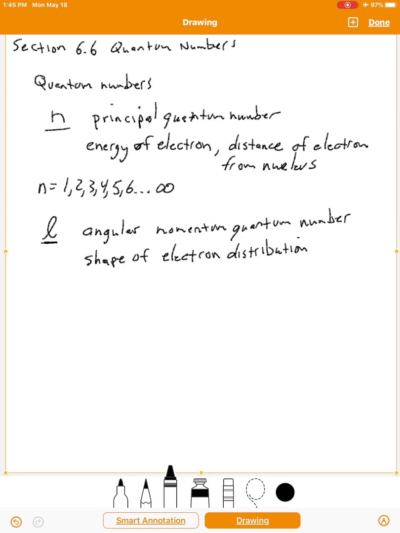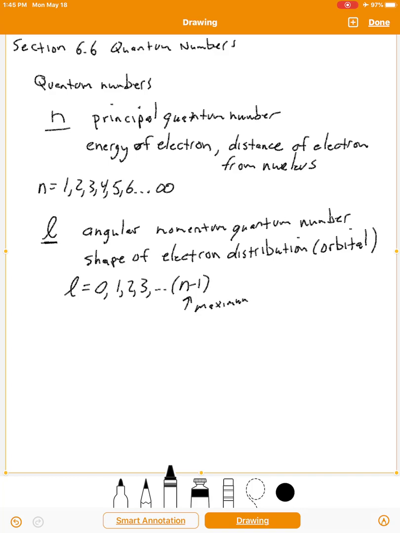And that electron distribution, we'll call it an orbital. I'm being a little bit loose with my terminology here because we can mix terms together and it gets difficult to define things perfectly at this stage. So the angular momentum quantum number can be 0, or it can be 1, or it can be 2, or it can be 3, but it can never be as large as n. So the maximum it can be is n minus 1.